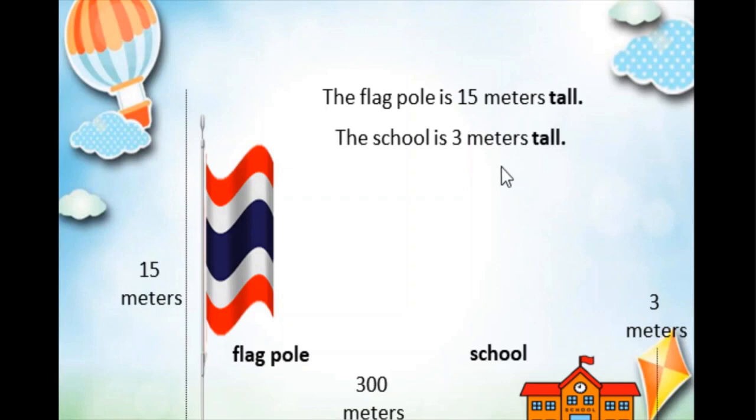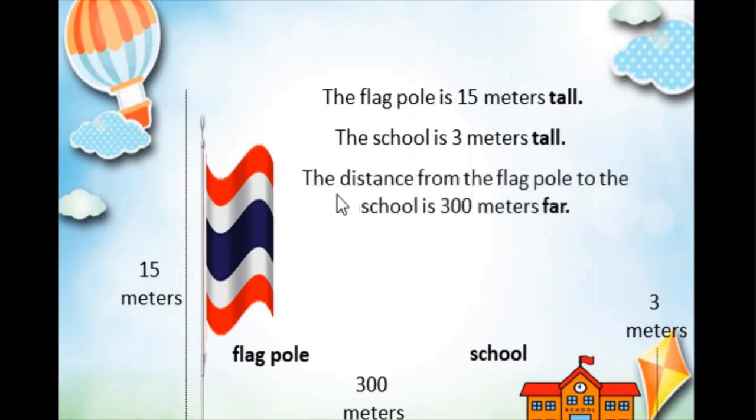Alright, and lastly, the distance from the flagpole to the school is how many meters? Look at the figures. How many meters is the distance from the school to the flagpole? It is 300 meters.